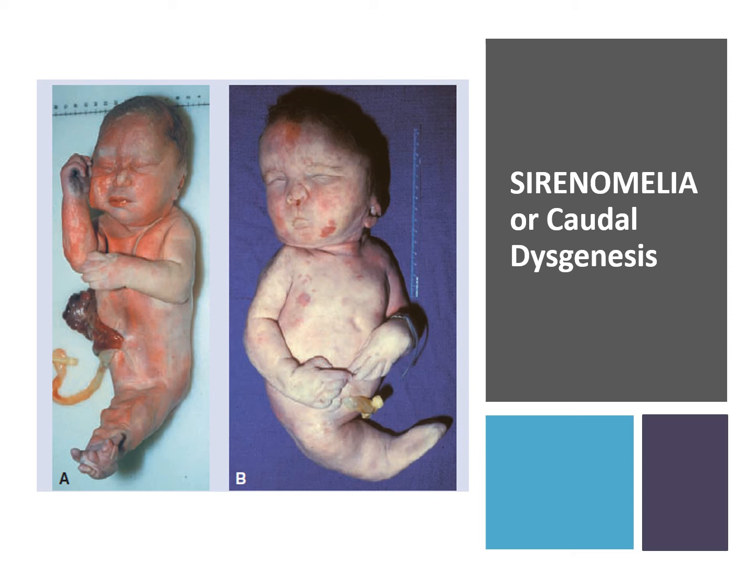Sirenomelia is characterized by varying degrees of flexion, inversion, lateral rotation, and sometimes fusion of the lower limbs. So when this happens, the baby resembles a mermaid, and so they call it sirenomelia.